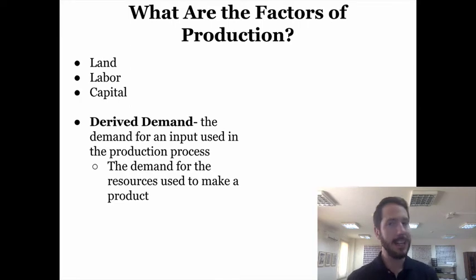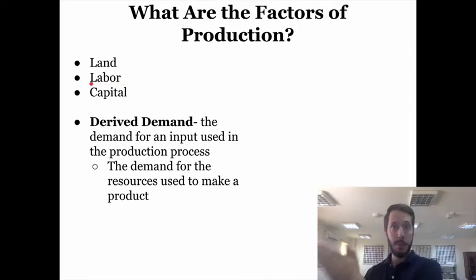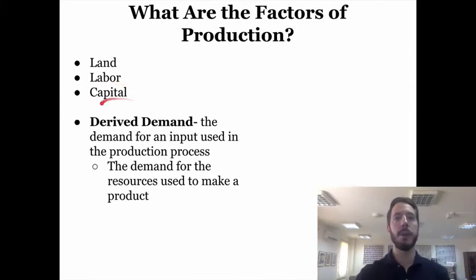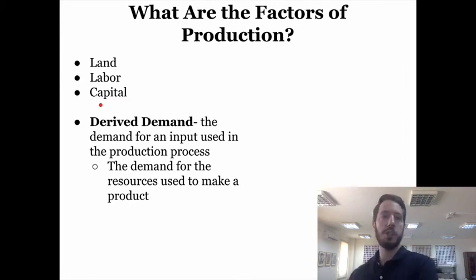So, let's quickly go over the factors of production. Even though entrepreneurship is a distant fourth, it's still in the conversation. The main factors of production are land, because you need to build your firm on something; labor, so that's the people that you hire; and capital, that's the equipment and the initial money you need to start that business.